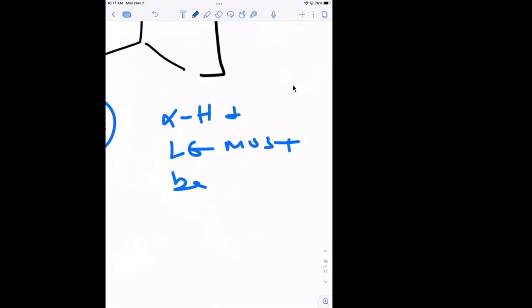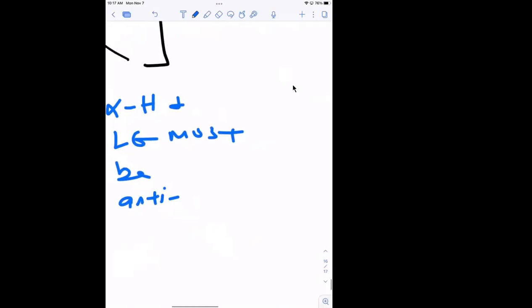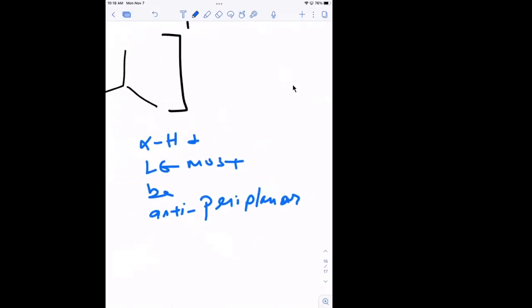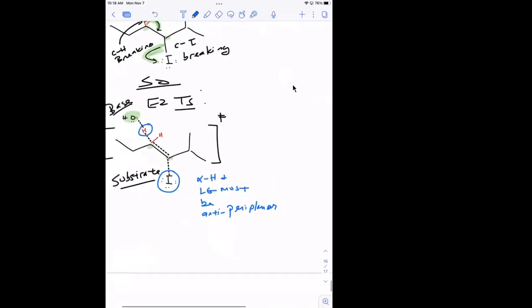And the leaving group must be what we call anti-periplanar. Right? That means that they have to be on opposite sides of the same plane. They have to be opposite to one another. So you couldn't eliminate if the I and the H were on the same face, right adjacent to one another.